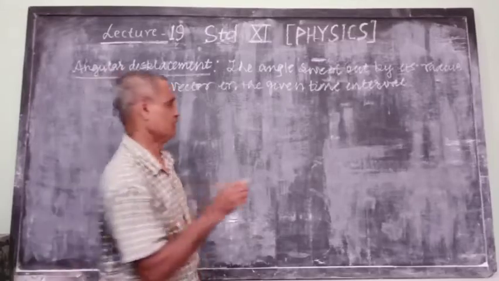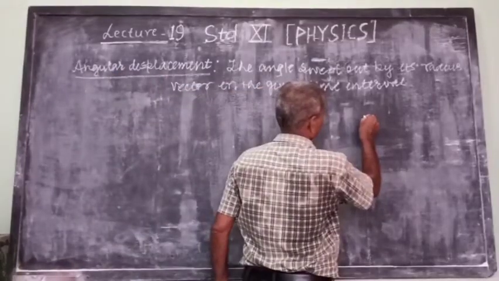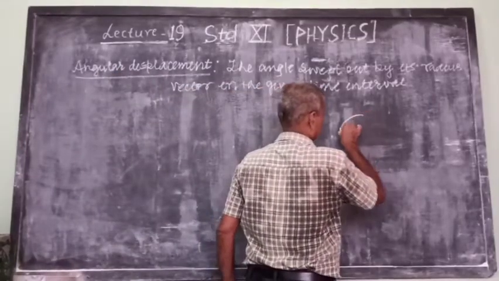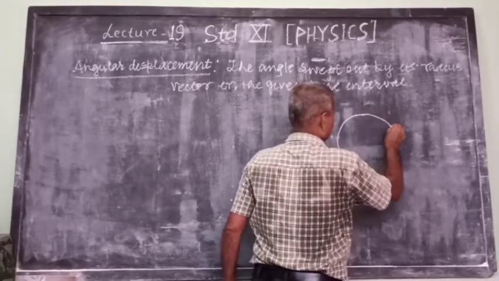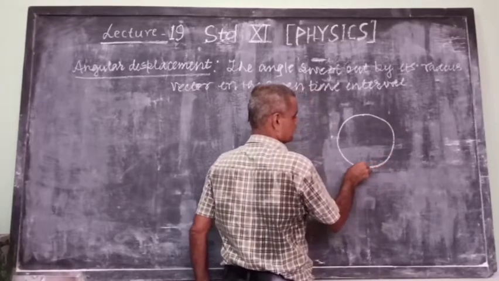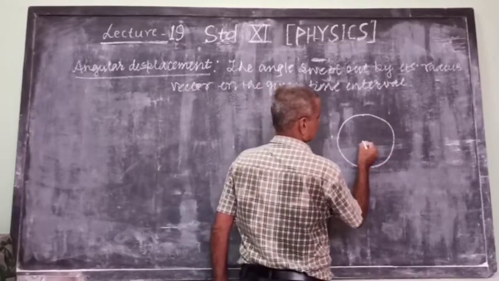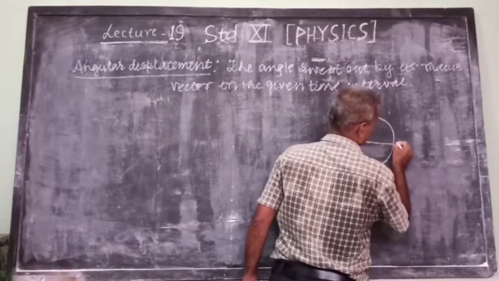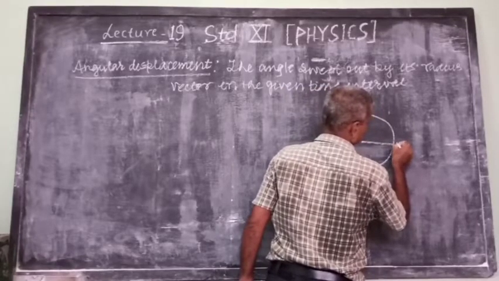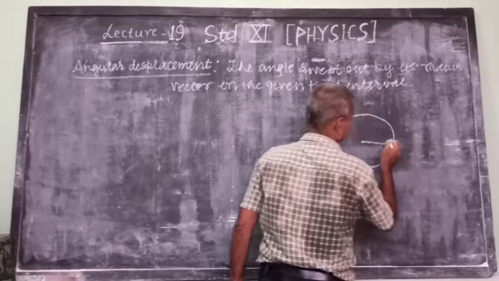Angular displacement can be shown by a figure. It is a circular path. This is the center. Suppose the initial position of the particle is P0.